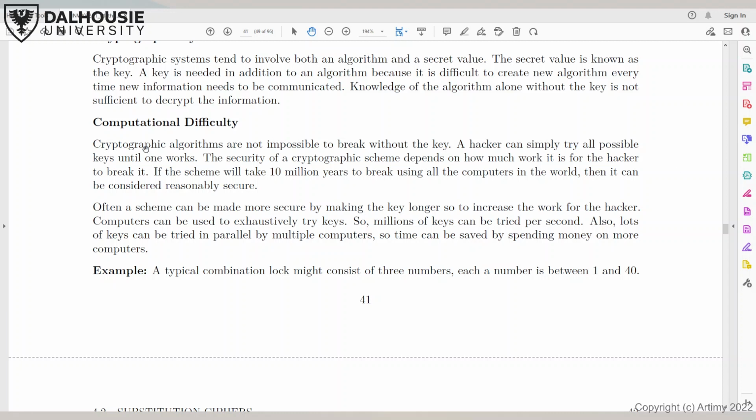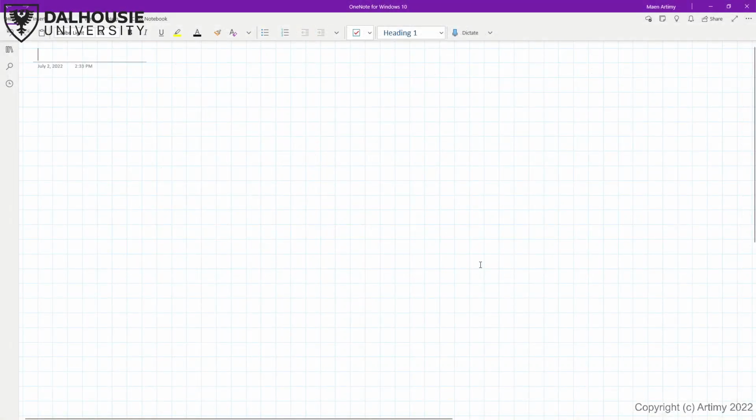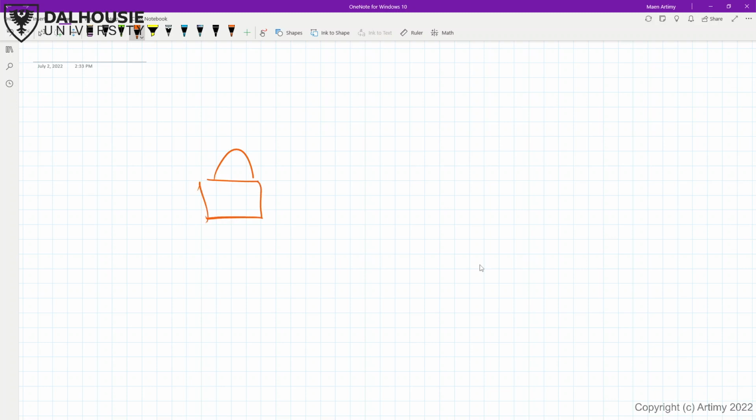So a simple example to illustrate this point is, let's say we have one of those locks, right? We'll call them locker locks or bag locks, that has a three-digit number, for example, where each digit takes anything from 0 to 9.